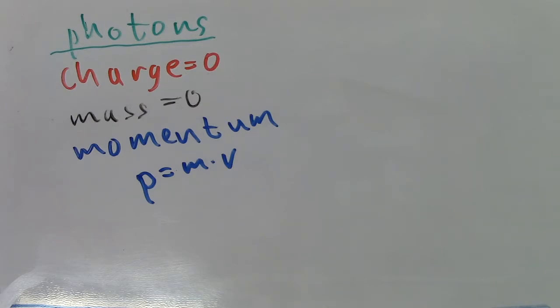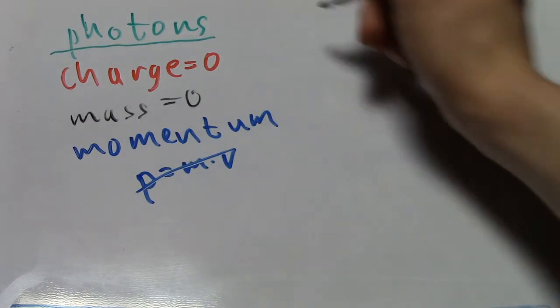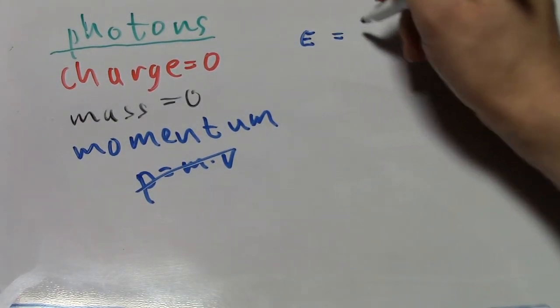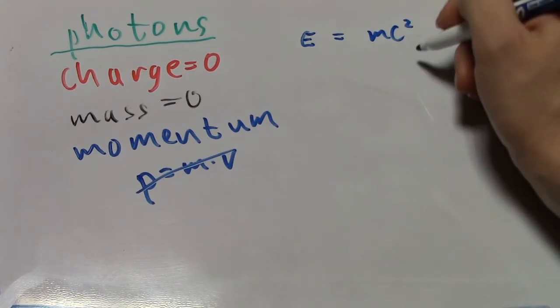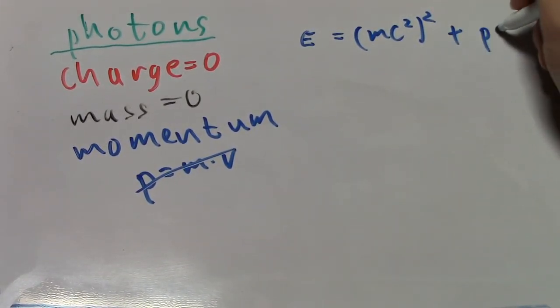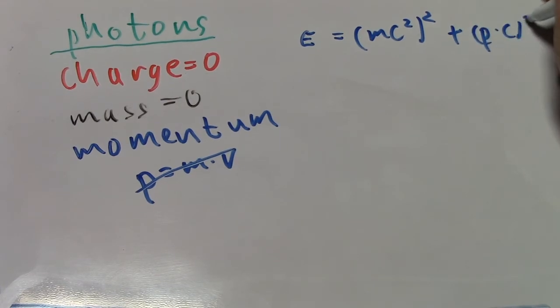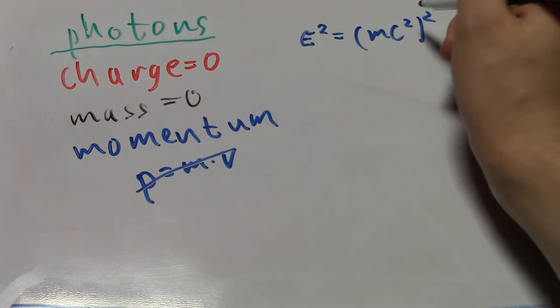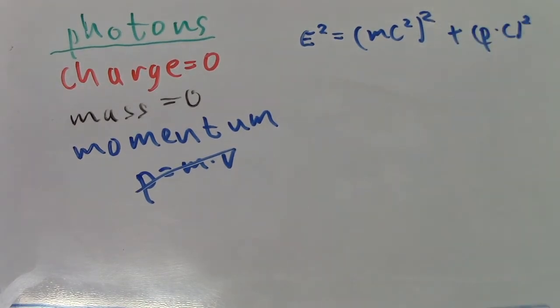Luckily, we can bring in what is probably the most famous equation in history. E equals mc squared. The actual form of Einstein's equation is E squared equals (mc squared) squared plus (momentum times the speed of light) squared. This is the actual form of Einstein's equation.